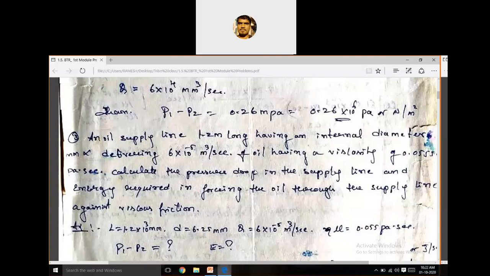Calculate the pressure drop in the supply line and the energy required in forcing the oil through the supply line against the friction force.